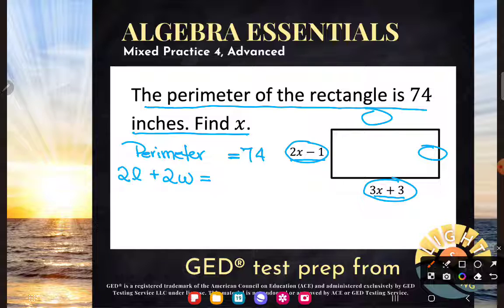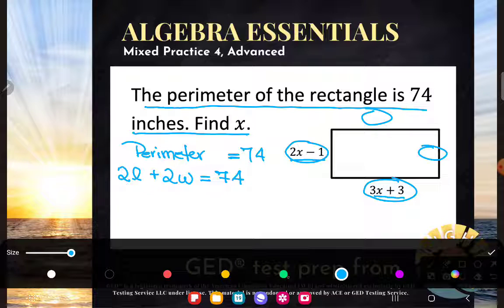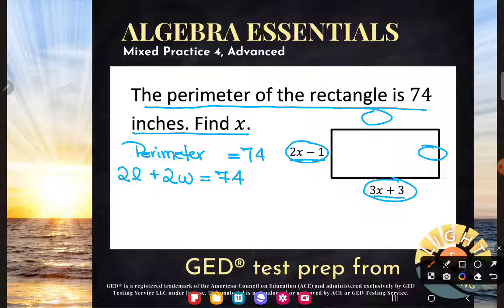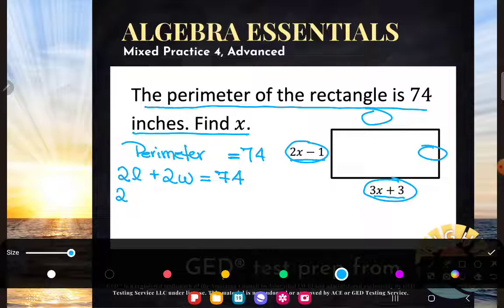Whoa, inverting numbers. There we go, 74. And you might say, well, I don't have this L and this W information. Yes, you do. It might look a little funny, but we know what it is. So let's substitute it in. We have 2, and we're going to multiply that by the entire expression they give us for length, and that is 3x plus 3.